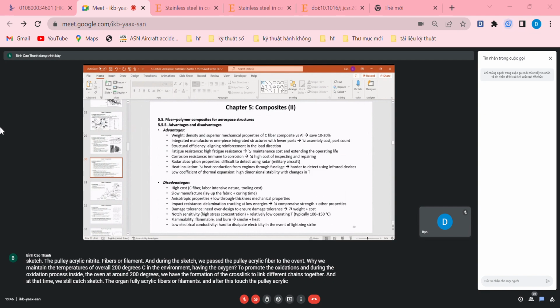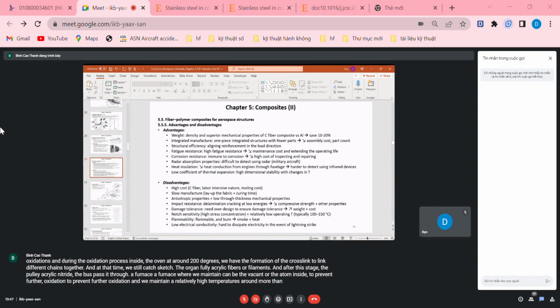And after this stage, the polyacrylonitrile is passed through a furnace where we maintain either a vacuum or argon inside to prevent further oxidation.